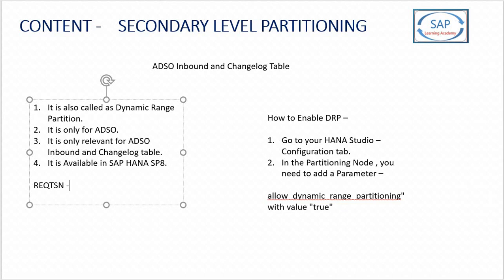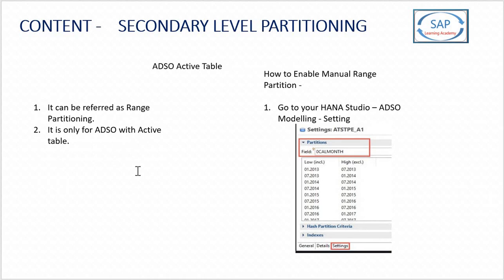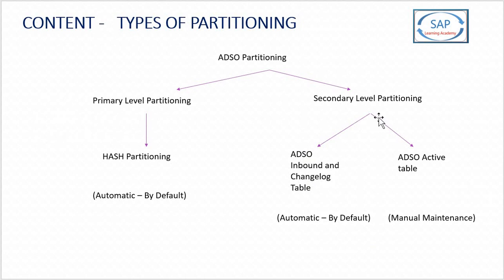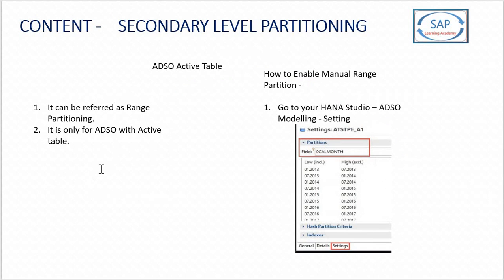Now we are coming to the next and last slide of this tutorial, which is the secondary level partitioning for the active table. As I showed in the first slide, for the active table it is manual maintenance. So let me describe that. It can be referred to as range partitioning as well, and it is only for ADSO with an active table. Then how can you enable this manual maintenance?